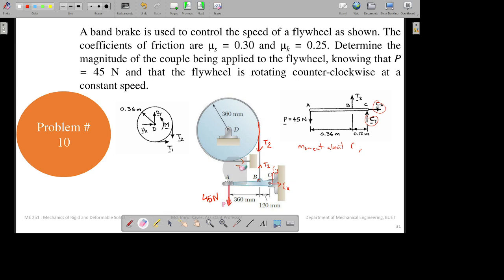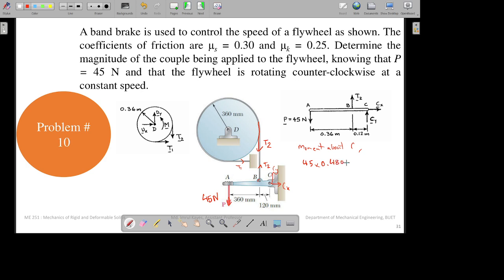You don't have to write moments for these two forces, as they become zero. So that is the benefit; we are making these moments zero, which will make our calculation much easier.